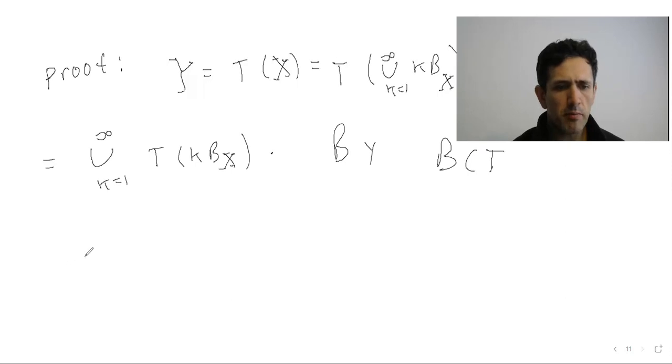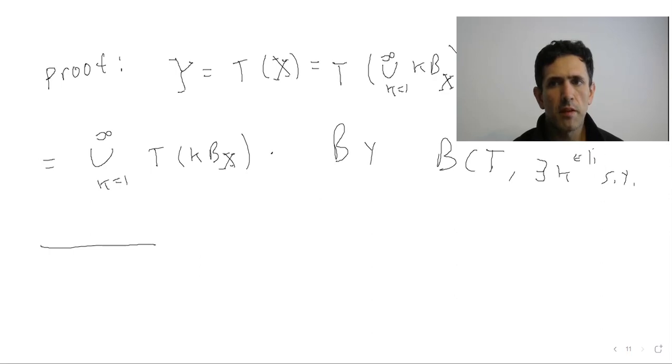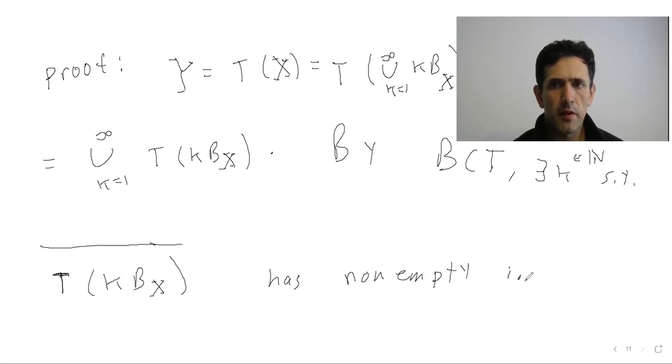Okay. So by the Baire category theorem, for some integer k, this closure here, the closure of T of the ball of radius k in X, has non-empty interior.